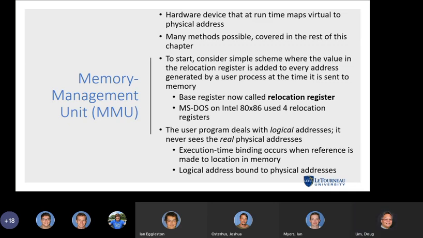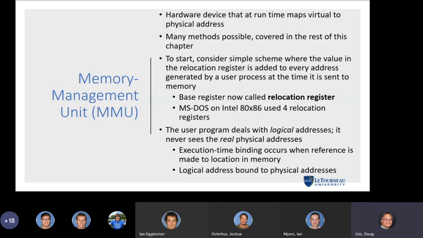To start with, we consider a simple scheme where the value of the relocation register is added to every address generated by a user process at the time it is sent to memory. This is the idea of a base register, or relocation register, which is the beginning of where the current process's code starts. This was used by MS-DOS, which actually had 4 relocation registers, so it could switch between 4 different registers.